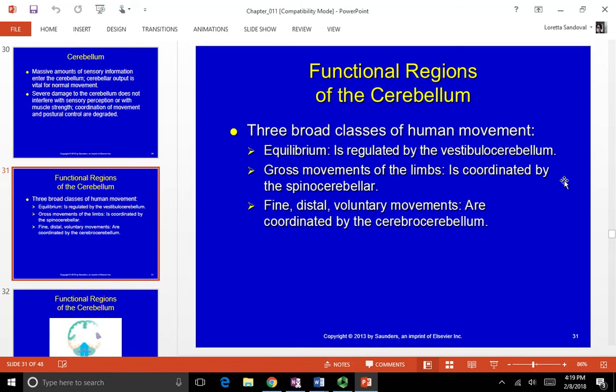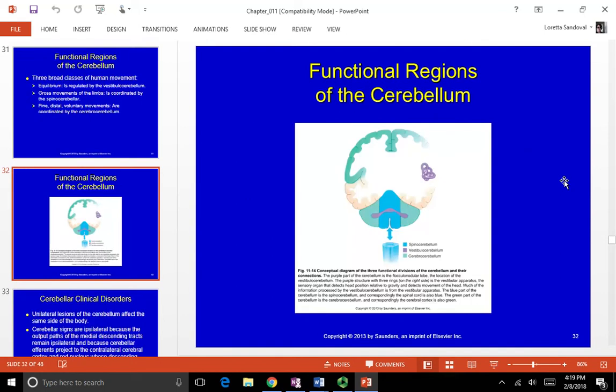So the cerebellum is involved in all 3 of those classes of human movement: equilibrium, gross movements, and fine distal voluntary movements. This is a diagram from the book, and it shows the different areas of the cerebellum. I don't expect you to memorize this, but it's just interesting to see.